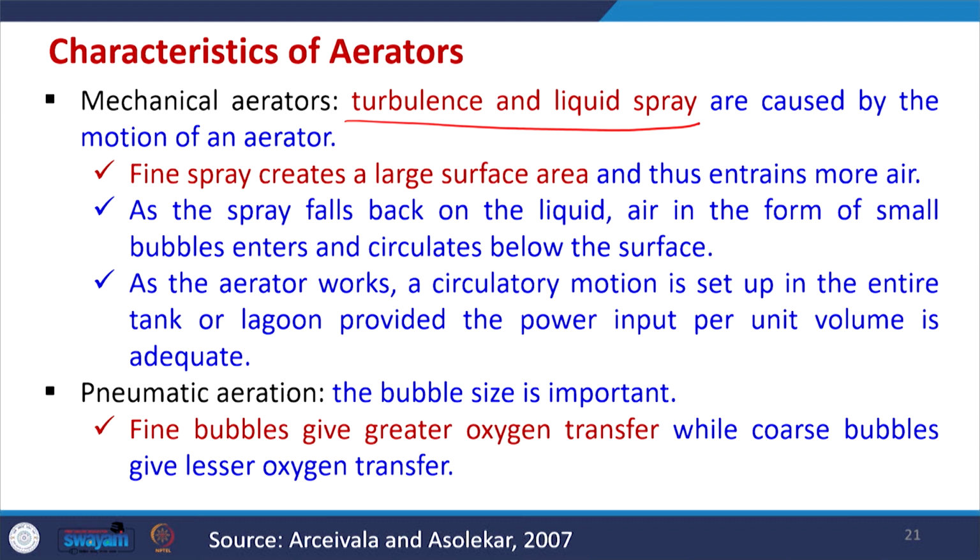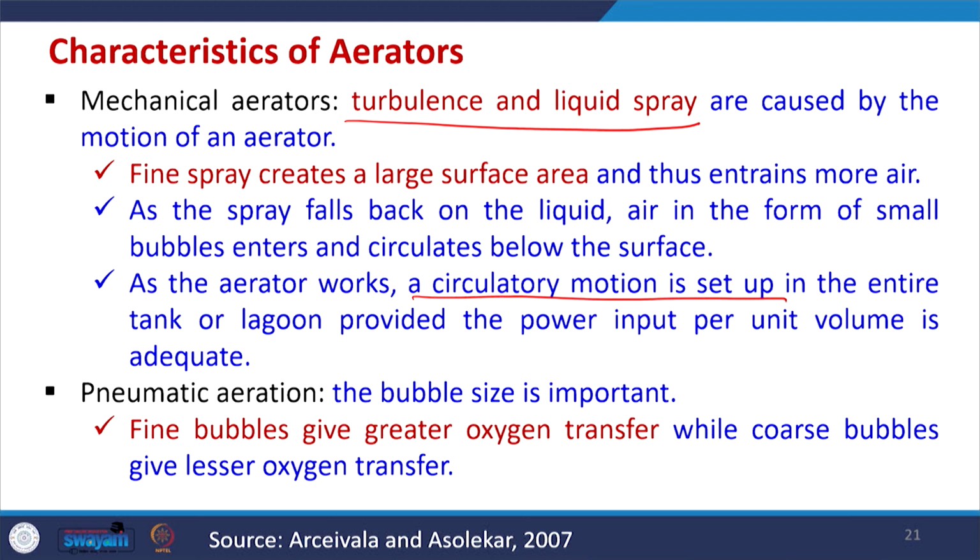Fine spray creates a large surface area and thus entrains more air, and thus the oxygen transfer rate is high. As the spray falls back on the liquid, air in the form of small bubbles enters and circulates below the surface, and as the aerator works, a circulatory motion is set up in the entire tank and lagoon, providing the power input per unit volume which is adequate for high oxygen transfer.